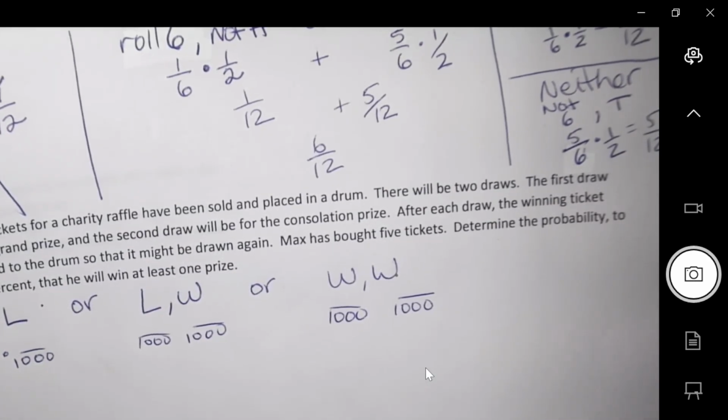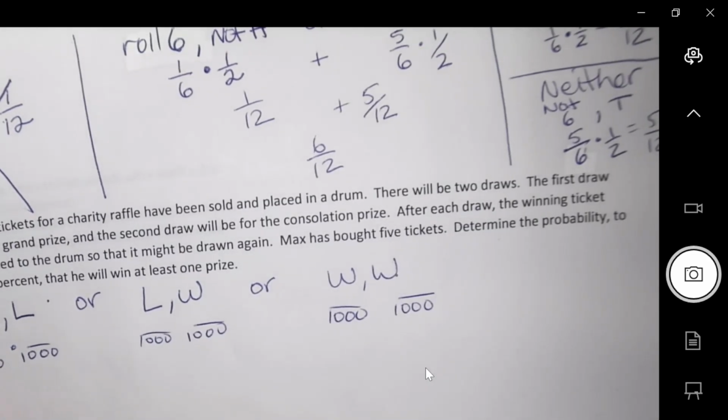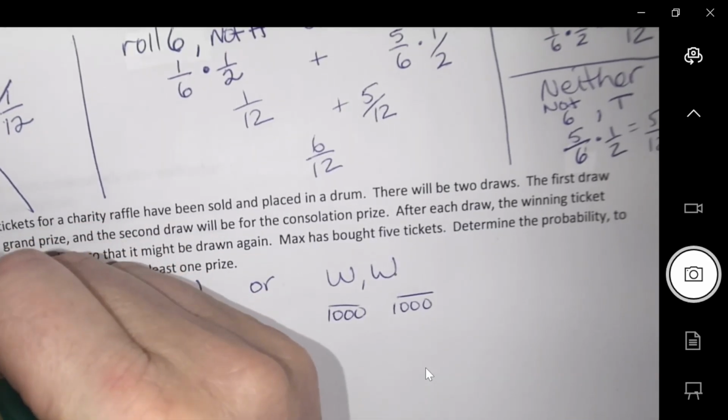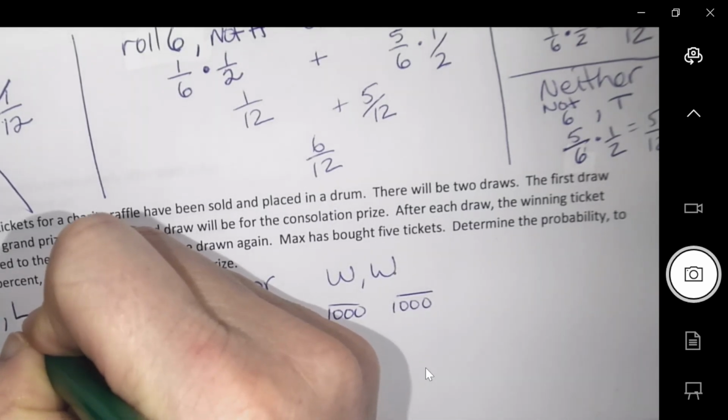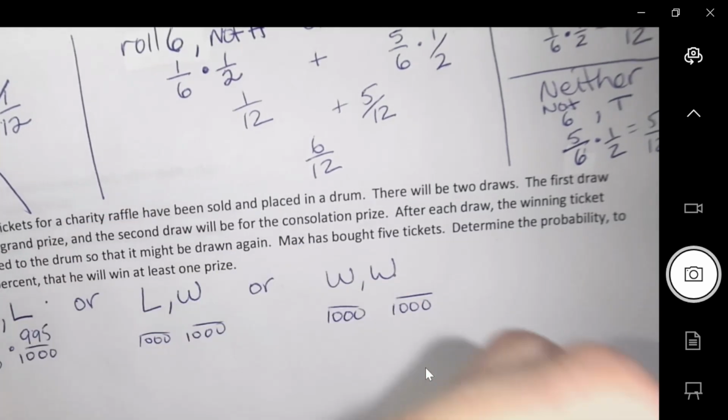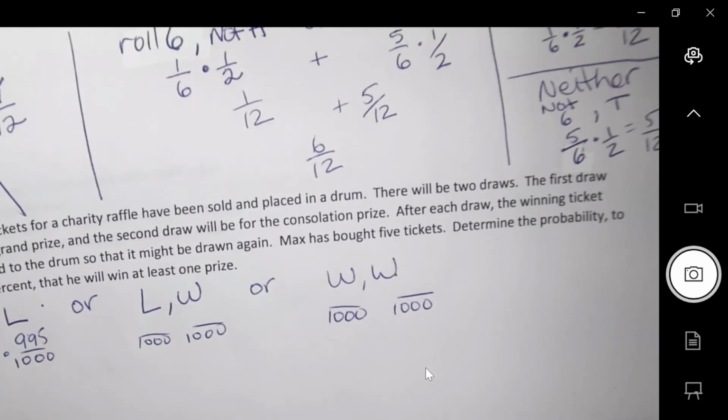Okay, so winning at least 1 means you could either win 1 or you could win both. Okay. So winning is, what did he buy? 5 tickets. Then losing would be 995, right?